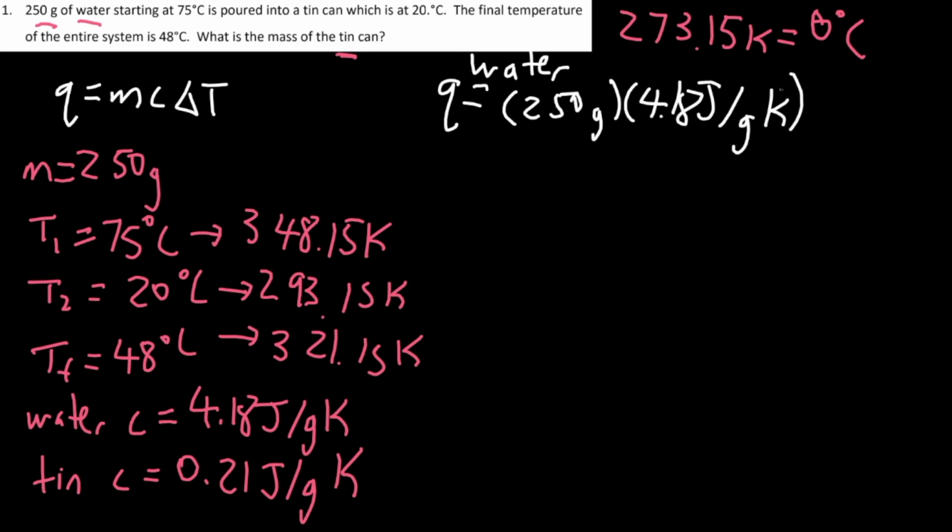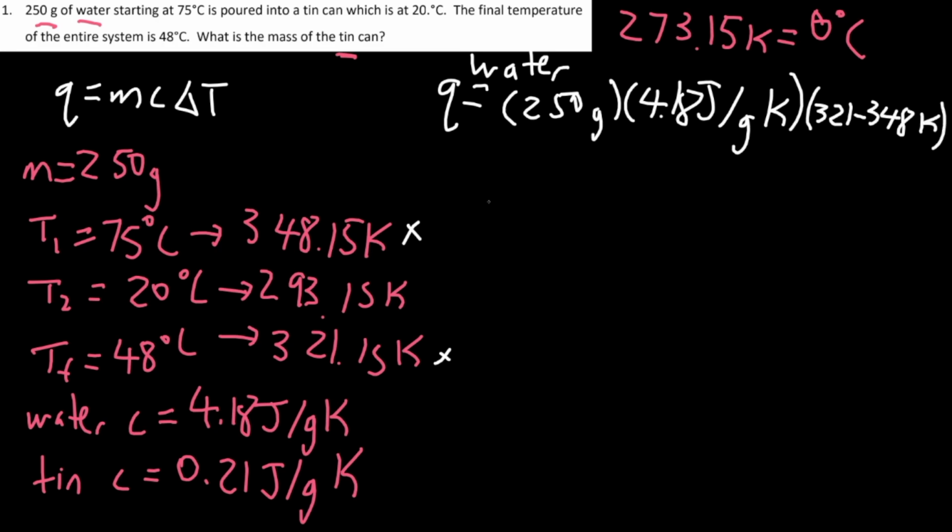And then for the temperature, it says that the final temperature of the whole system is 48, and the initial temperature of just the water is 75 degrees Celsius. So what we're going to do is 321.15 minus 348.15 Kelvin.